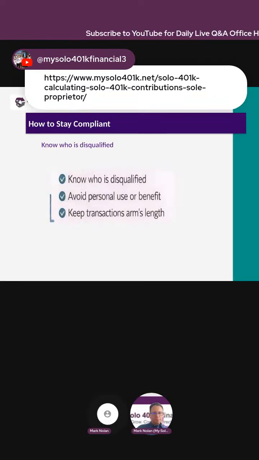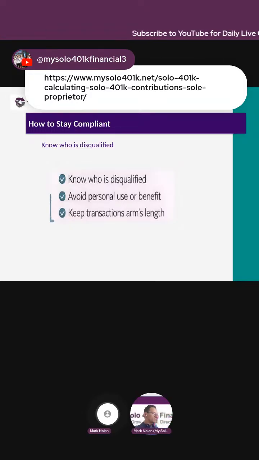So how do you stay compliant with the self-directed IRA when you're making investments? Well, know who is disqualified. We talked about that already up above, as far as the list of disqualified parties. You want to make sure you keep transactions completely separate from yourself and family members. Also, you want to avoid personal benefit. Your IRA investments must be strictly for retirement, not for current use.